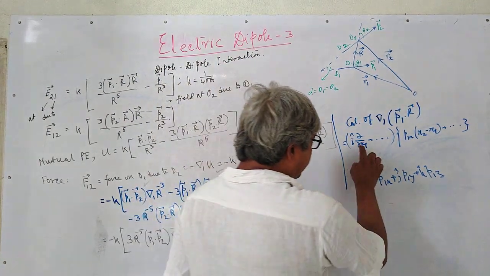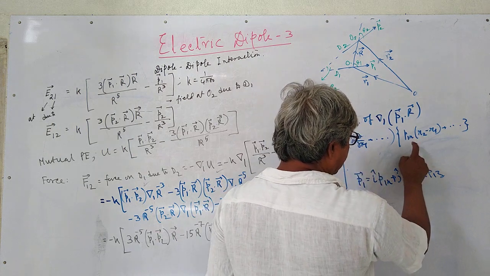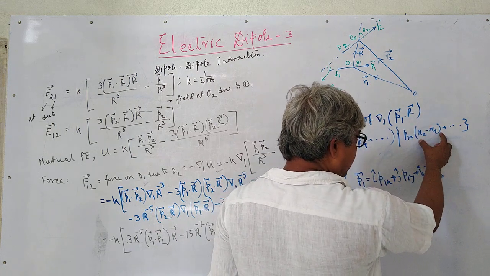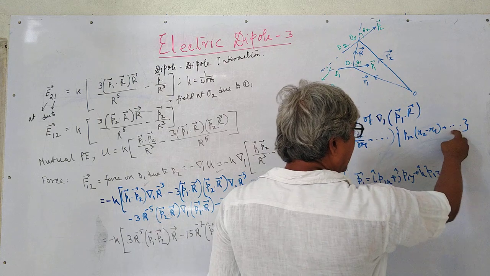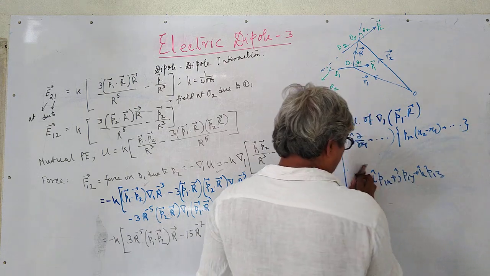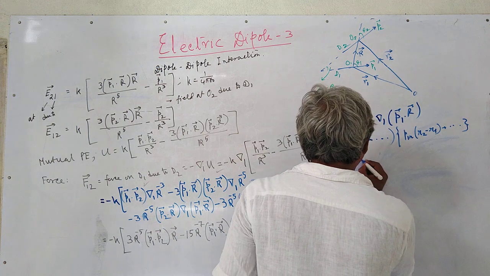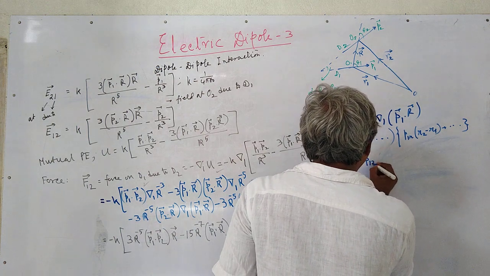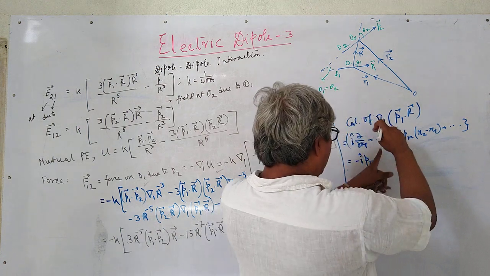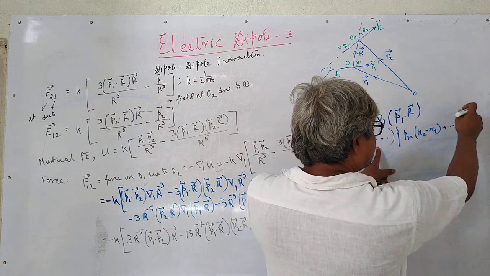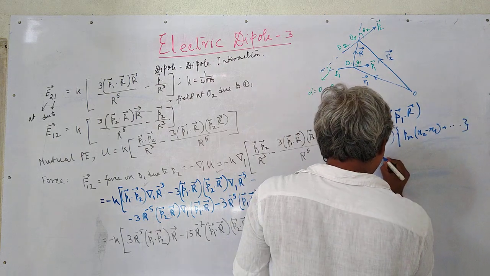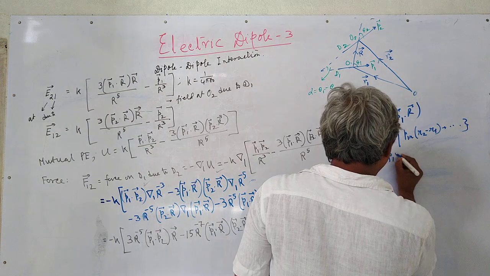So when del del x1 operates on this, P1x is 0, this part gives you minus 1, and the other two terms don't contribute. So the result is minus I cap P1x. And when del del y1 operates on the y component, you get minus j cap P1y.